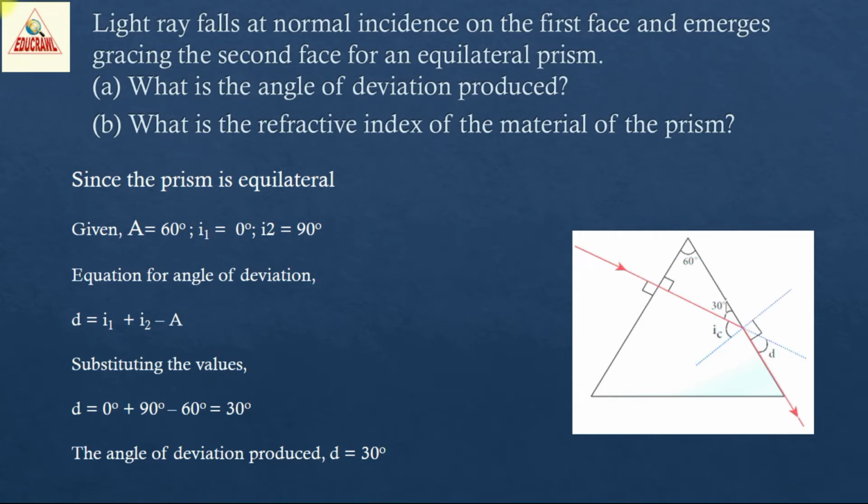If you see the diagram, you can see this refracted light ray grazes the second surface, so the angle will be 90 degrees. You know the equation of angle of deviation, D is equal to I1 plus I2 minus A. Substituting the values, we get D is equal to 0 plus 90 minus 60, which is equal to 30 degrees.